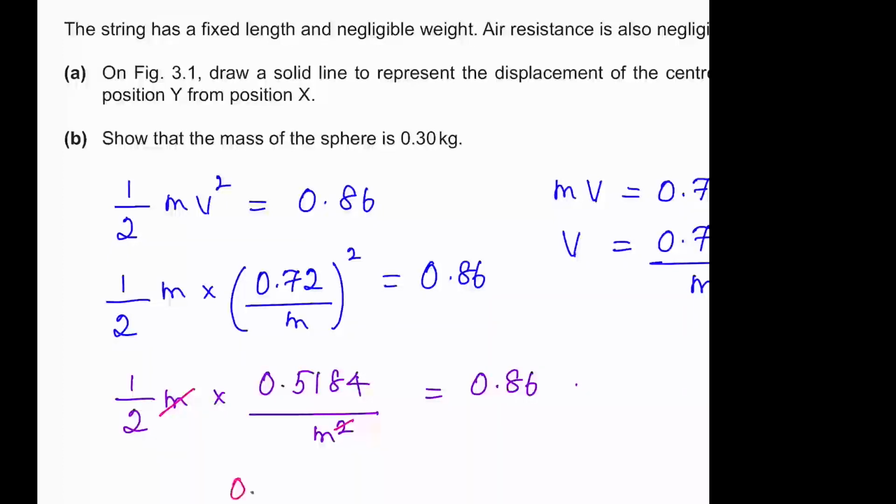So 0.5184, cross multiply 0.86 multiplied with 2m. So m is equal to 0.5184 divided by 2 into 0.86. That is 0.301 or 0.30 kilograms. That is the mass of the object.